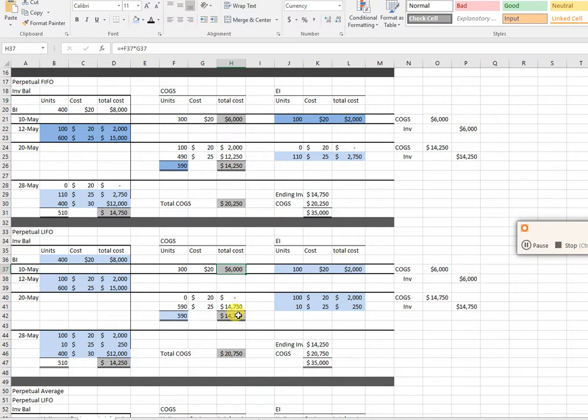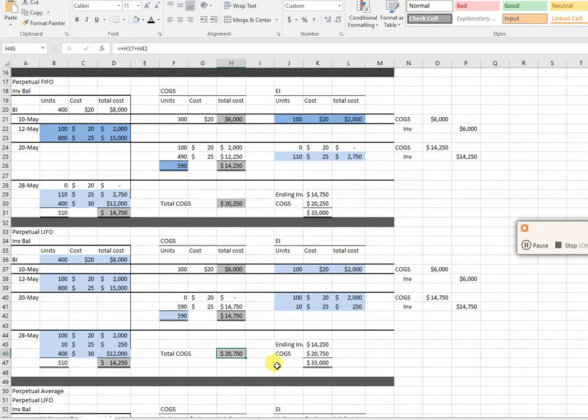So 6,000 plus 14,750 is 20,750. So I have a total of 35,000. So that's my check figure. Notice that I have cost of goods sold of 20,250 under FIFO and 20,750 under LIFO.